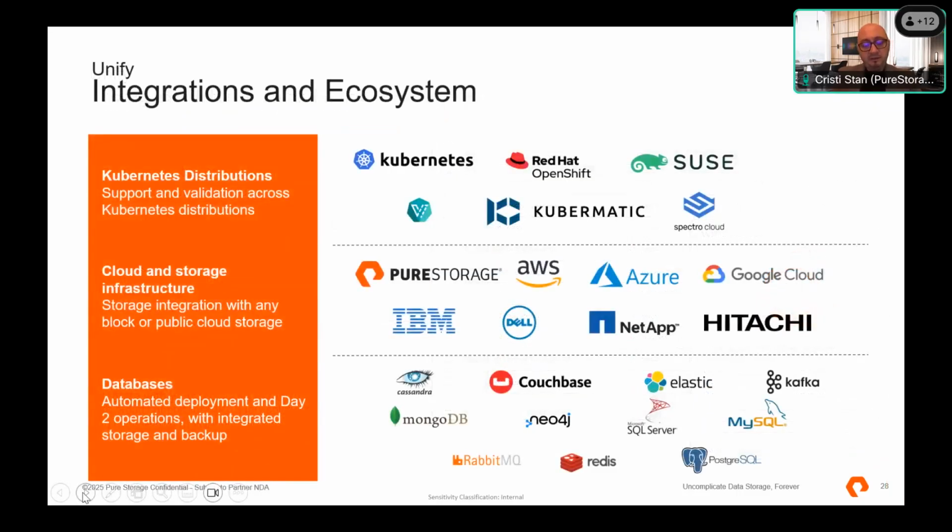Now, if we are looking at the ecosystem of partners, as I told you, we are agnostic. We have a lot of partners we are working with, from Red Hat, OpenShift as a platform, SUSE with Rancher Prime and Harvester right now for virtual machines. We started a very nice collaboration with Kubernetes. Spectro Cloud, again, we started working last year, and we announced our collaboration.